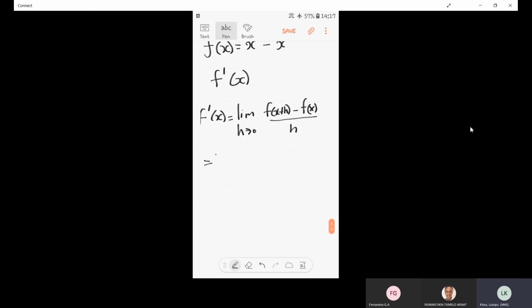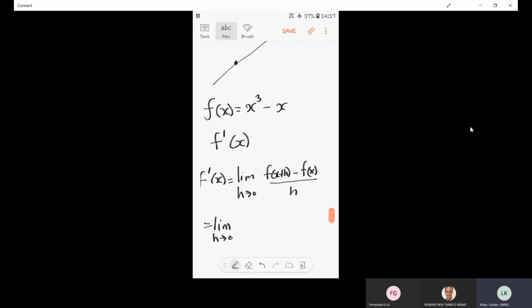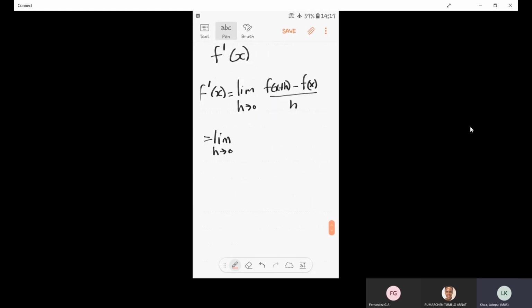This limit must be there all the way until I finally substitute h equal to 0. Now f of x plus h means in the original function, wherever I have x, I'm going to put x plus h. So this x will change to x plus h, and this will change to x plus h. So what I have is x plus h cubed minus x plus h.